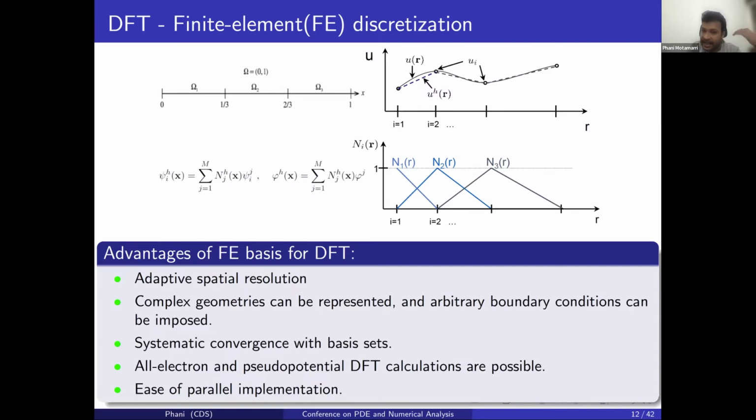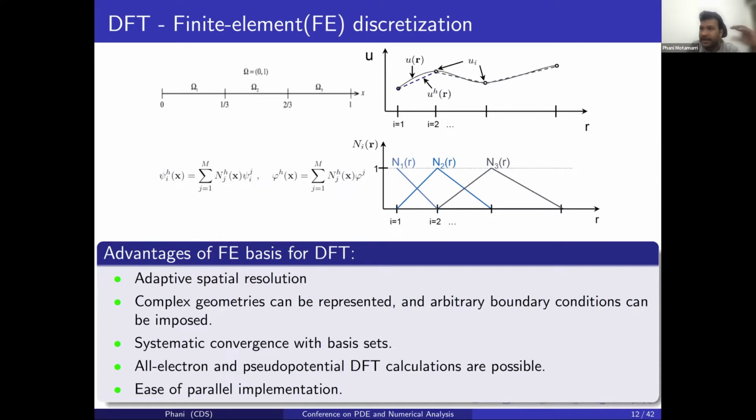Because finite element bases are polynomials, you can expect systematic convergence with the basis sets. There are different variants of these quantum mechanical or DFT calculations, which involve smooth fields and non-smooth fields. Because you use this finite element basis set, you can do both all electron and pseudo potential calculations. In all electron calculations you solve for all the electrons in the system, and the single particle wave functions will be non-smooth, while pseudo potential DFT calculations involve smooth wave functions.